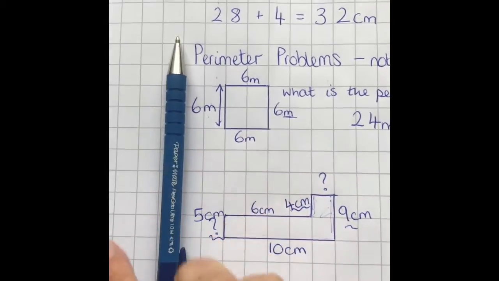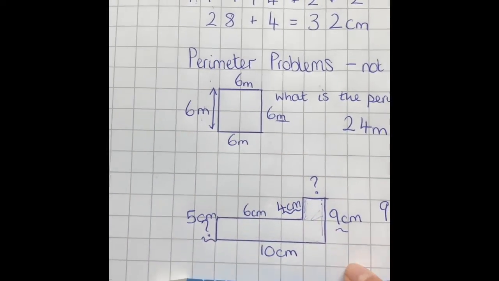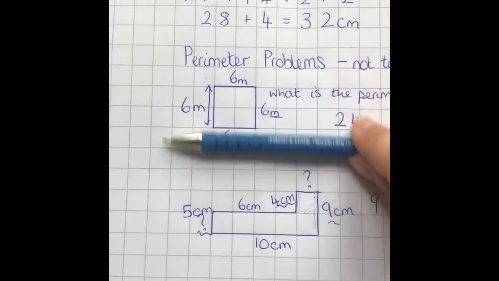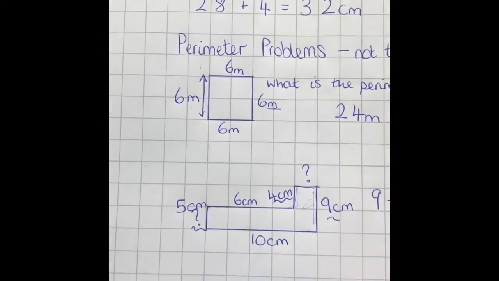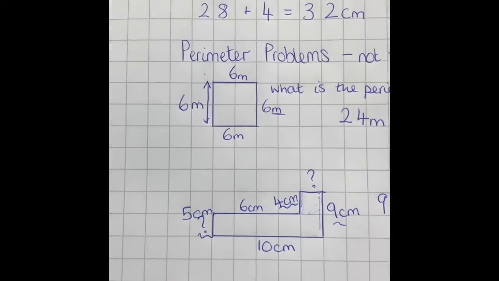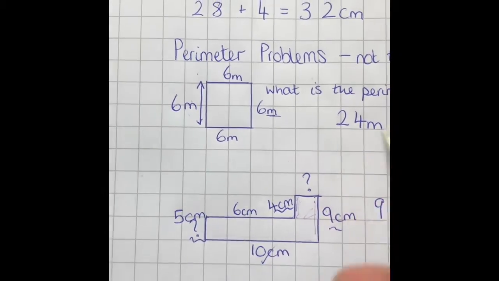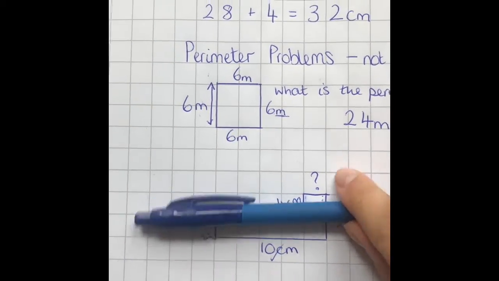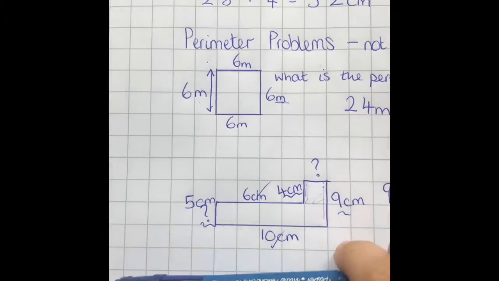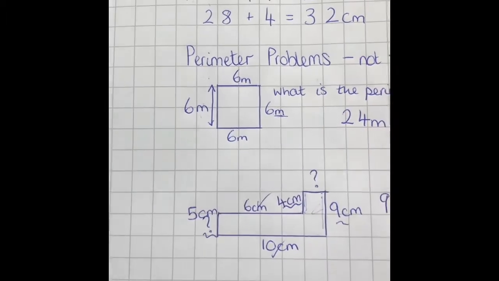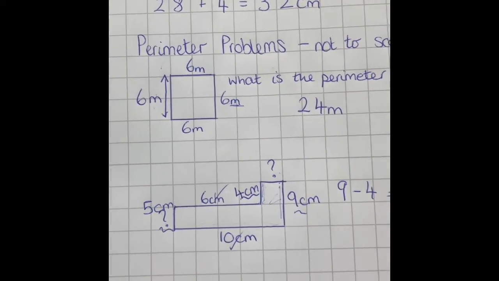length. Now, I'm going to use the same strategy and hit all my horizontal lines going across. So I have 10, 6, and my mystery number that I'm trying to work out.